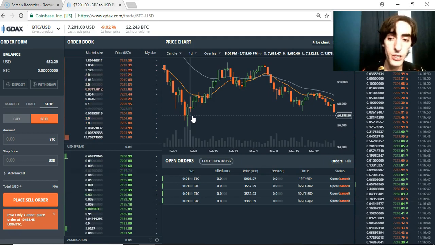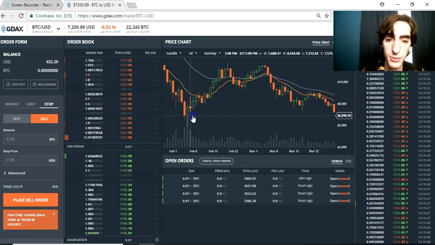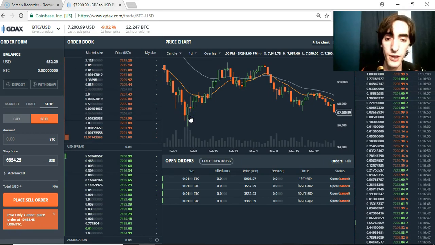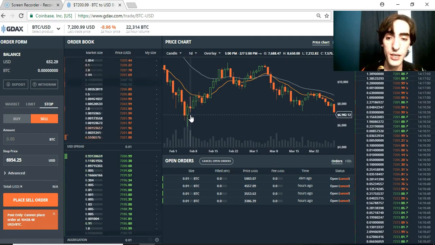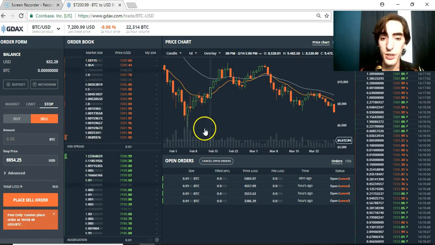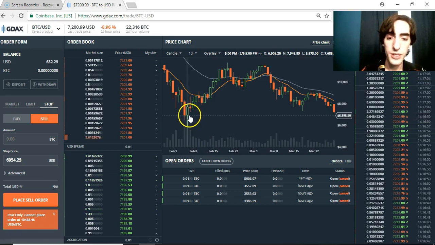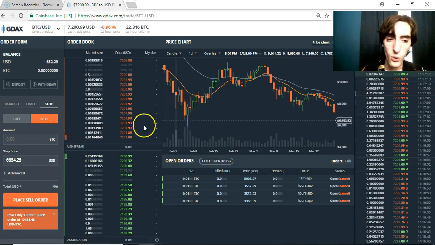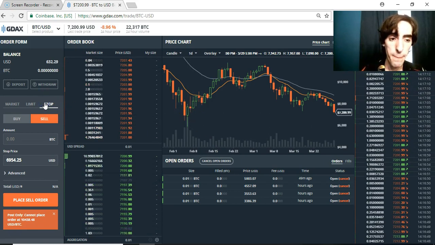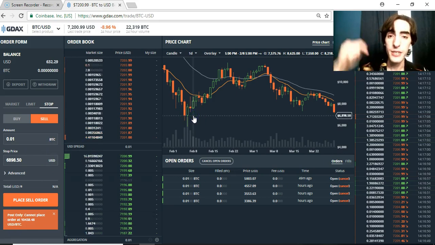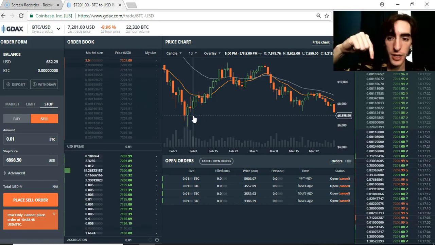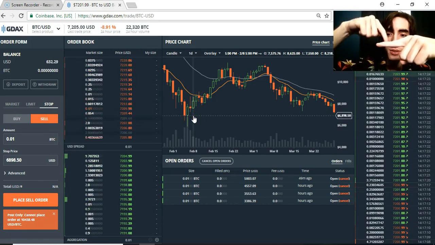And if Bitcoin drops to this support line, I want to sell it because it's probably going to drop lower. Okay? So instead of me losing more money, what I can do is put a stop order, put my Bitcoin in here, and put it right here. And if it keeps dropping, it'll sell when it hits that line.